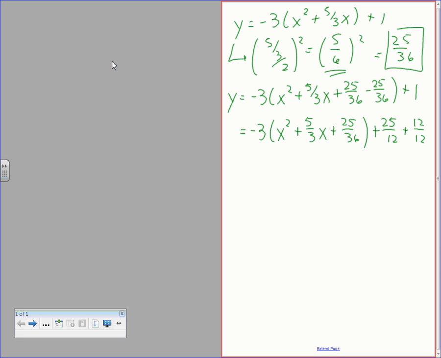Okay, can someone explain to me why, please, I changed it to positive 25 over 12? Liam, what did I do? Yeah, remember it multiplies this negative multiplied by this negative, 2 negatives make a positive, right? So 3 times 25 over 36 is 75 over 36, which is the same as 25 over 12. We changed to a plus one.